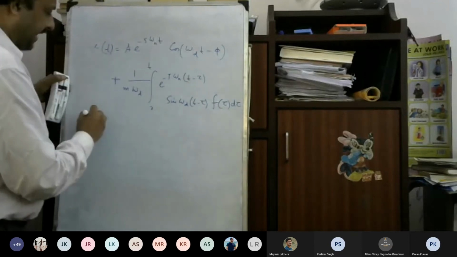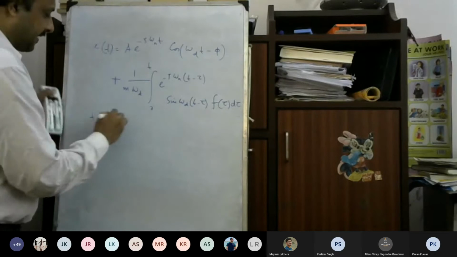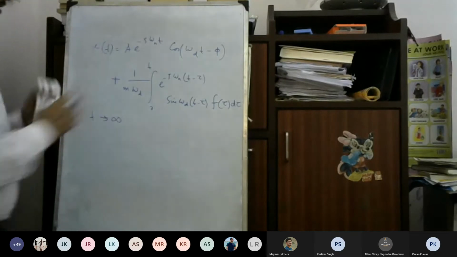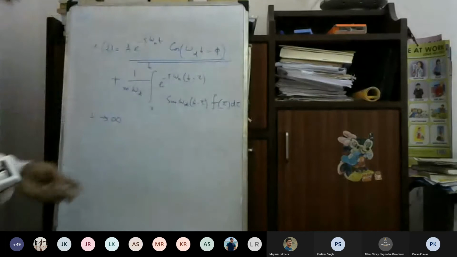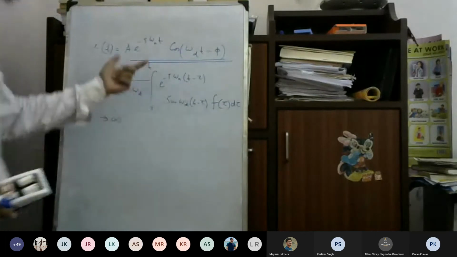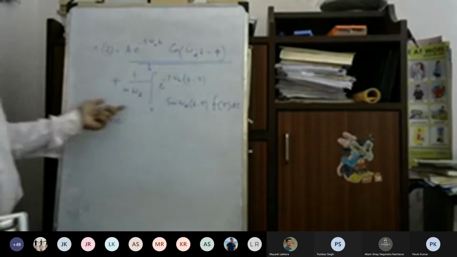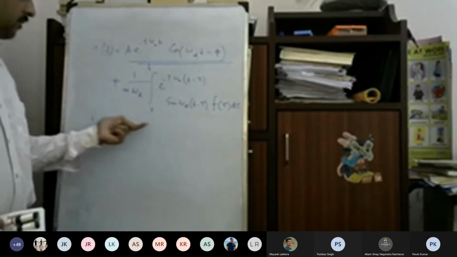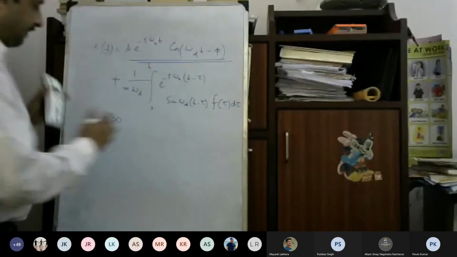So you see that when time tends to infinity, when it has become very large, what will happen? This term will actually go out. This is unlike the undamped system, where this term was also persisting. Now what will happen when t tends to infinity? This term will remain.